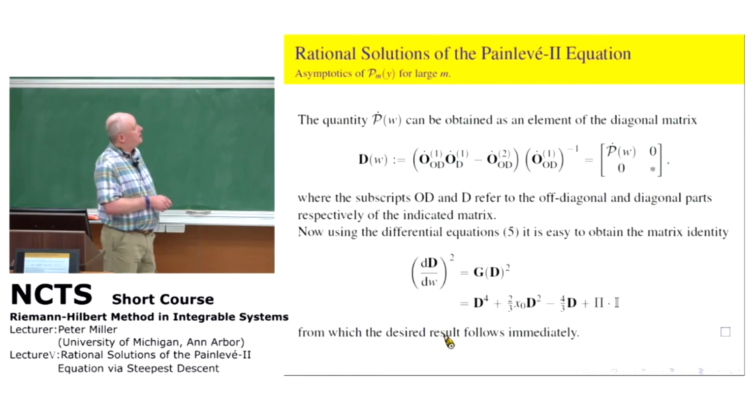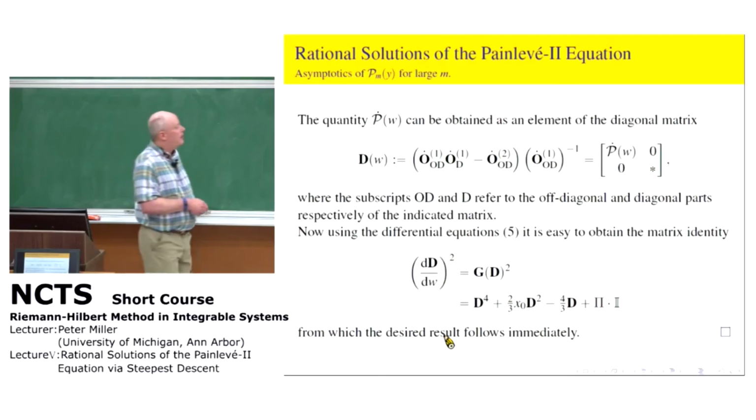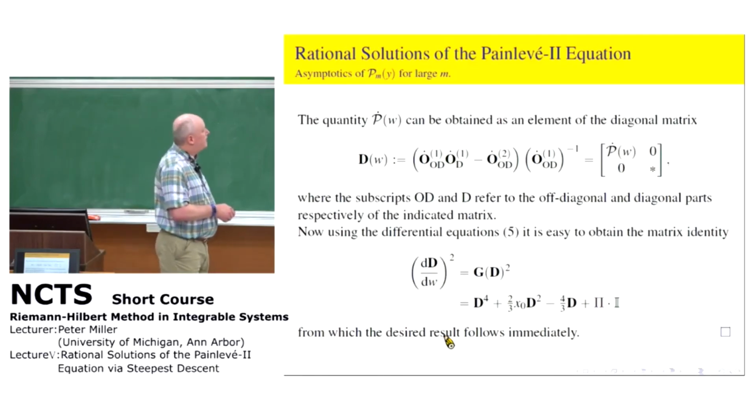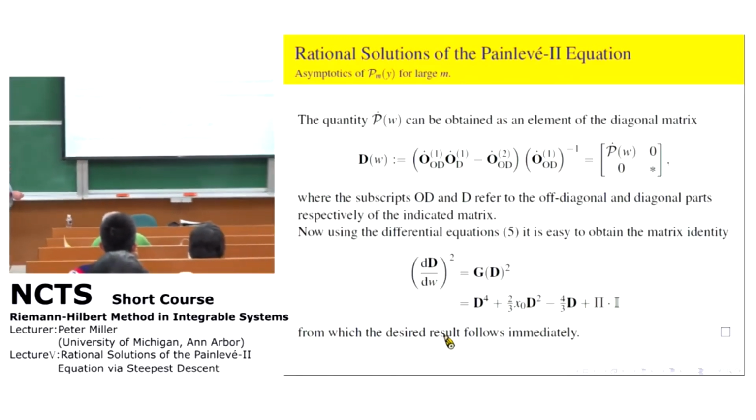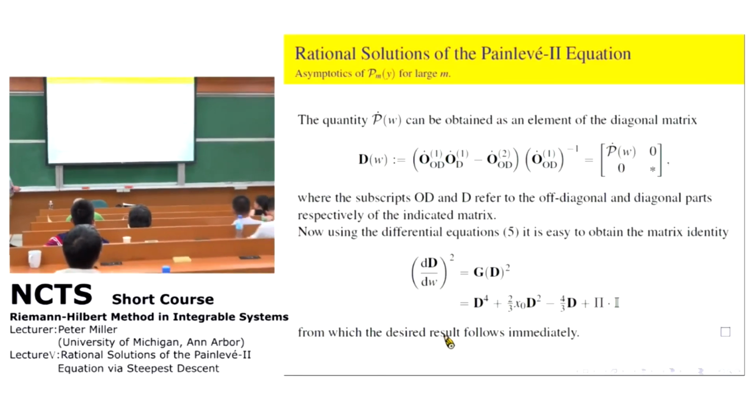So the derivative with respect to w of this diagonal matrix is just g squared. And remember, g squared, that's a scalar, right? So that's just this quantity here, and that's exactly in the 1-1 entry the differential equation that we wanted to prove for our approximate formula for the rational P2 function. Is there a bracket here? No, because this is a diagonal matrix, and this is a constant scalar times a diagonal matrix.